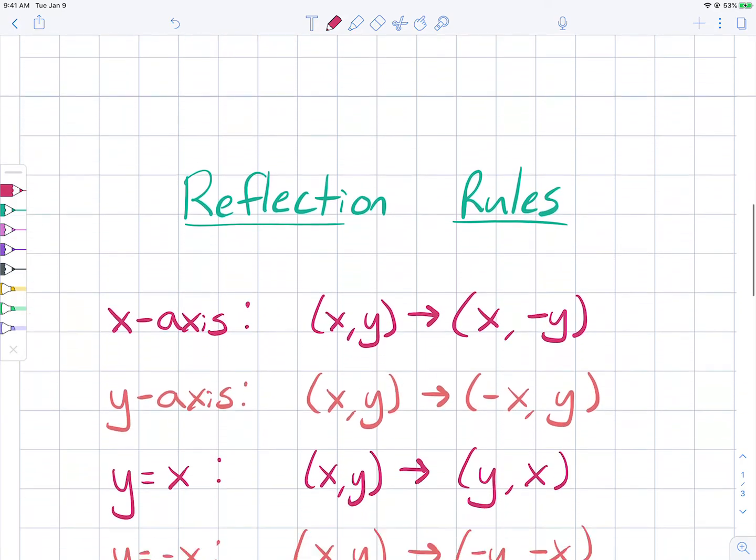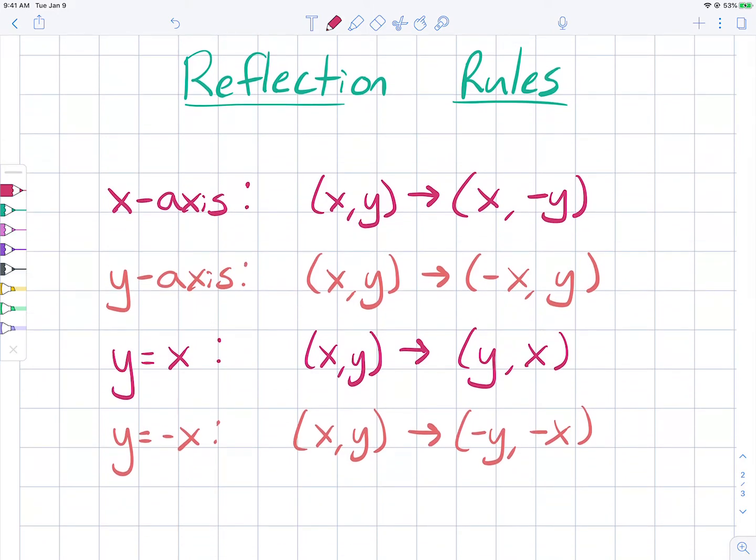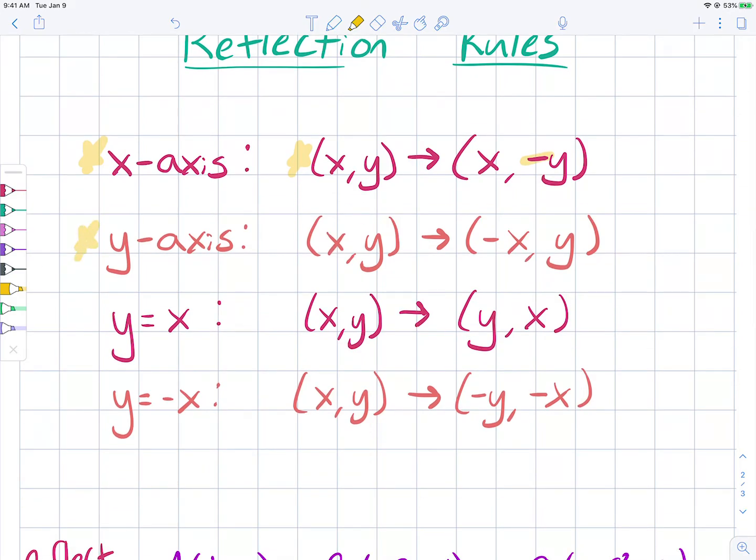Now, to make things easier, instead of having to count how many partial boxes it is away from the line, here are the lovely rules. So we kind of discovered these when we were looking at reflecting a point. If you reflect over the x-axis, you take your coordinates x, y, and just make the y coordinate negative. That's your only change. You have now reflected it over the x-axis. If you want to reflect a point over the y-axis, you take your coordinates x, y, and just make the x coordinate negative.